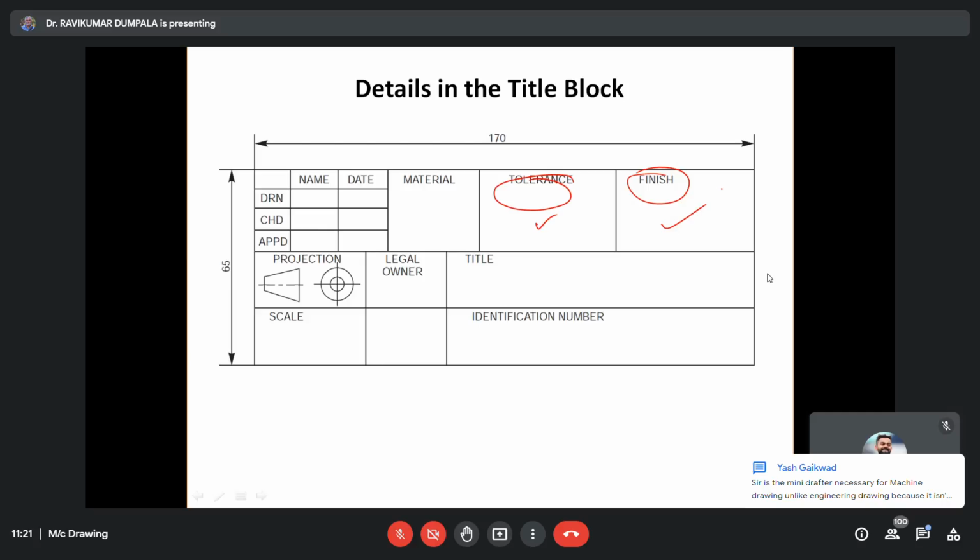That is a very standard template prepared by Thorat sir. I got that sheet layout from Thorat sir, so he has made it close to the industry as well as useful for academic purposes. This one I got from some book, maybe a machine drawing book.